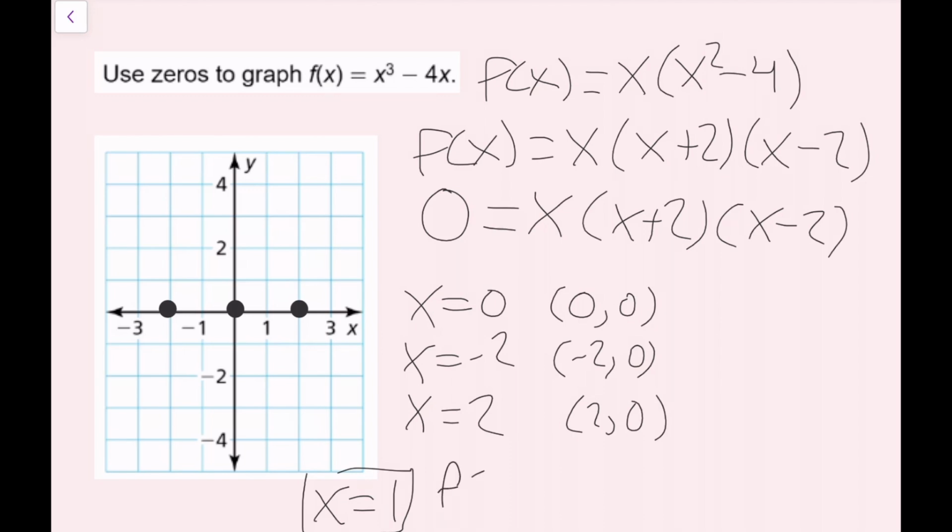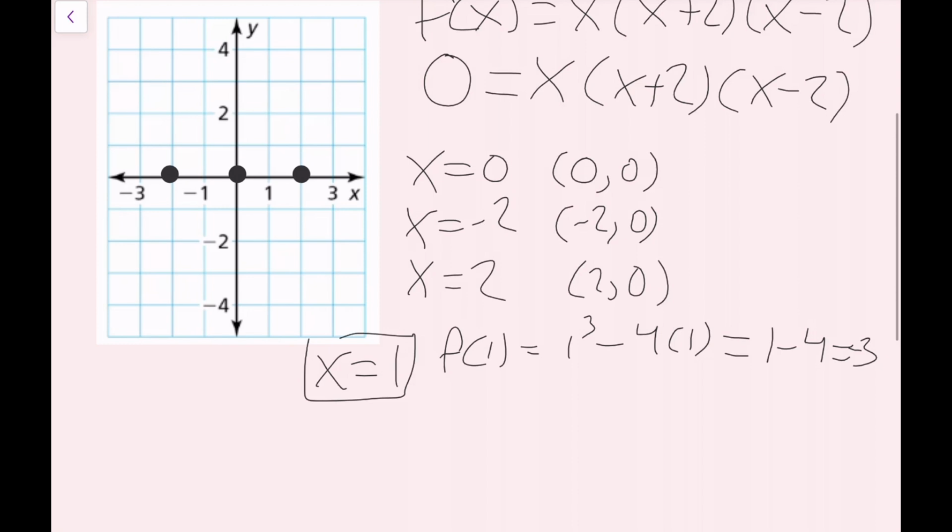So f of 1 is going to equal 1 cubed minus 4 times 1, which is the same thing as 1 minus 4, which is -3, excuse me. So the ordered pair is going to be 1 comma -3. So I'm going to plot that right now.